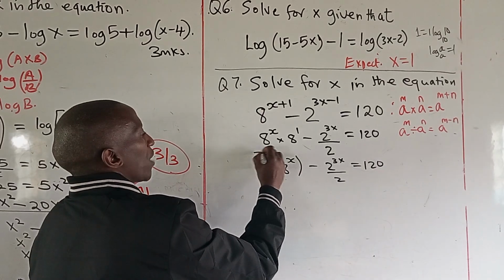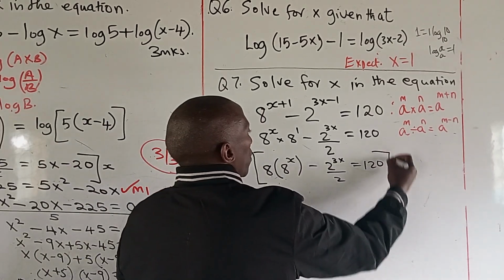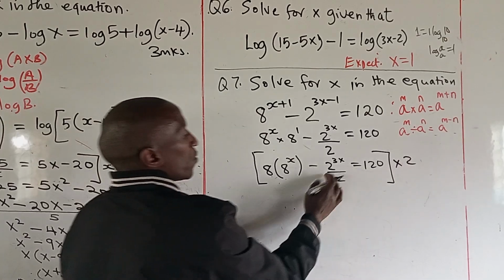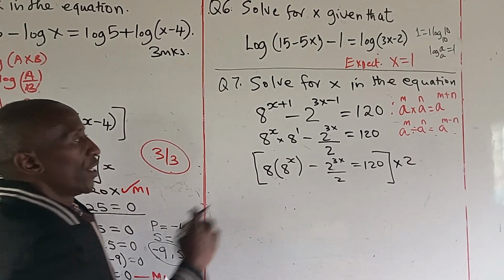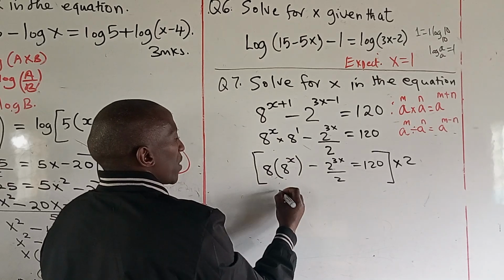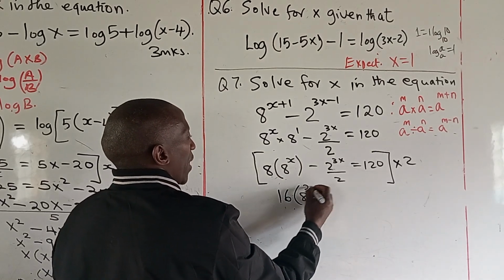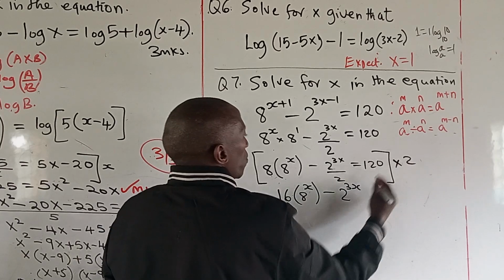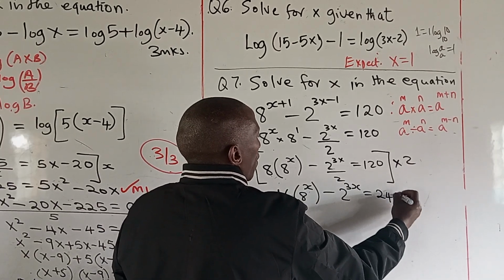At this level, we can multiply throughout by 2 to remove this denominator. So the 2 multiplies here and we get 16 into 8 to the power x minus 2 to the power 3x, the 2 cancels out by 2, and that comes to be 240.